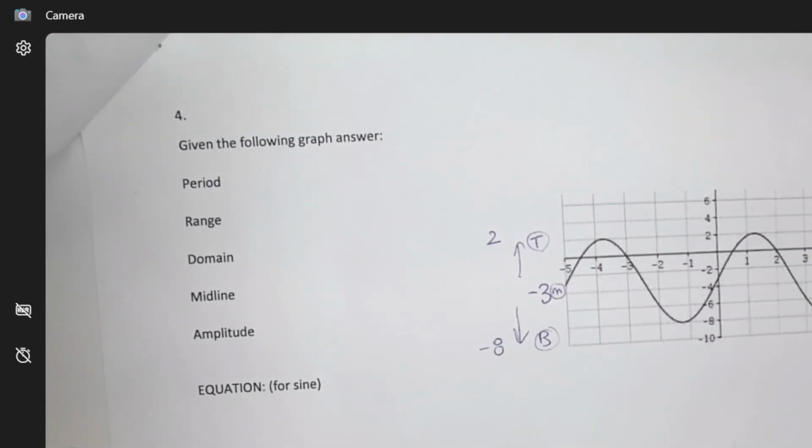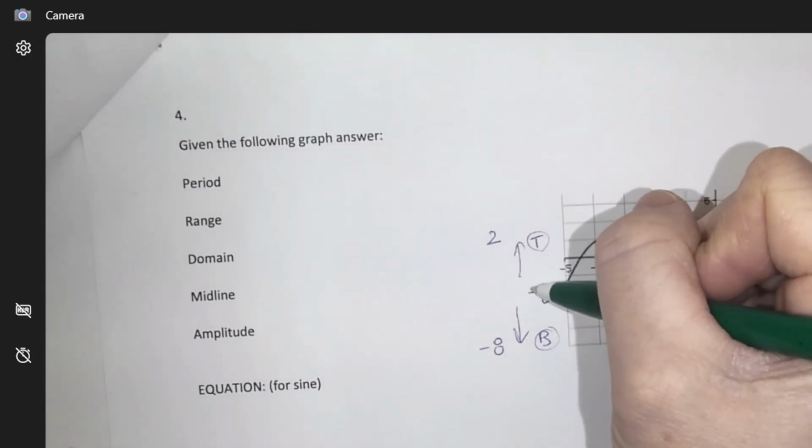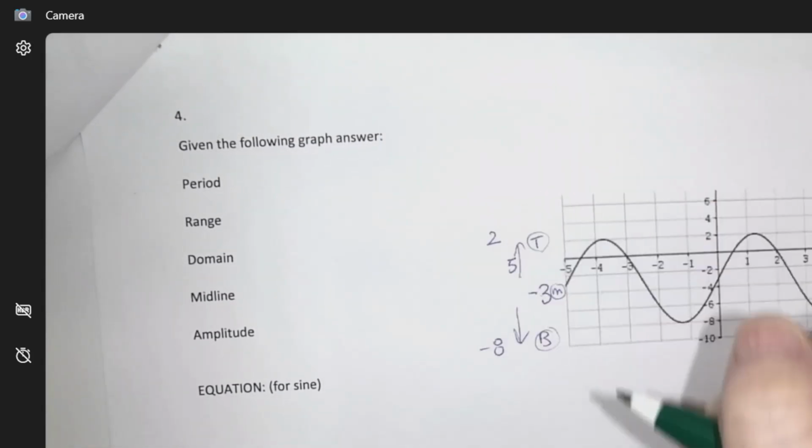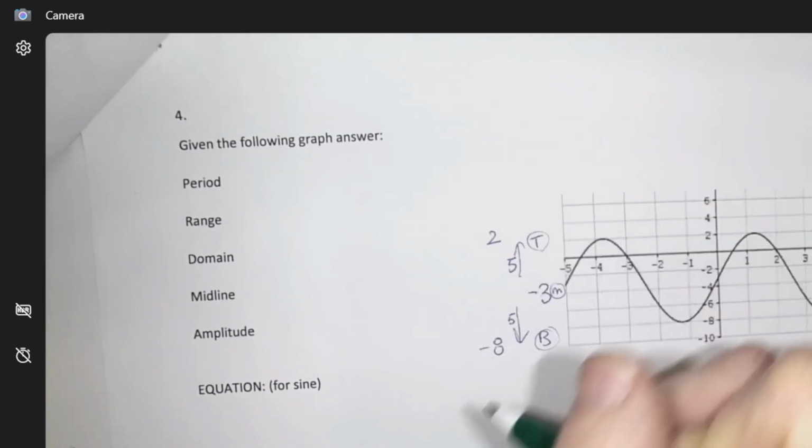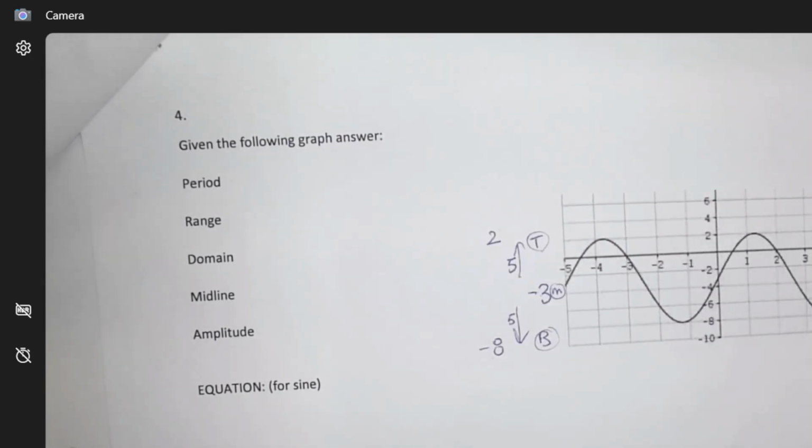Okay, so that means the amplitude is what? 3. -3 to 2 means I've gone up 5. -3 to -8 means I've gone down 5. Okay, so does that help us with a few things? Okay, let's go range.